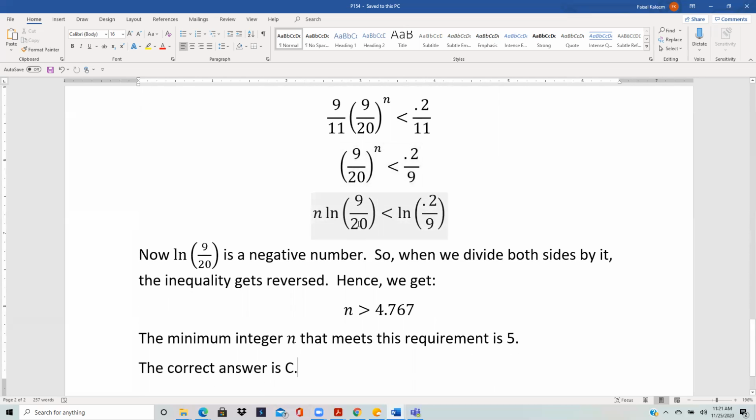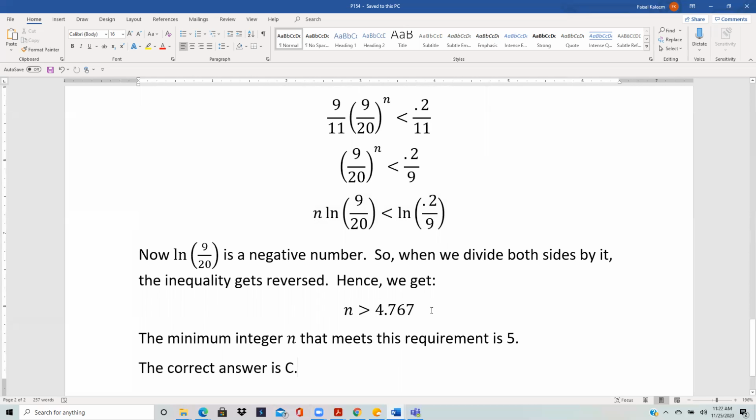You can calculate it and see that it's negative. And therefore, when you divide both sides by ln 9 over 20, the inequality gets reversed, because the inequality gets reversed when you divide or multiply both sides by a negative number. So when you divide by ln 9 by 20, we end up getting n greater than 4.767.